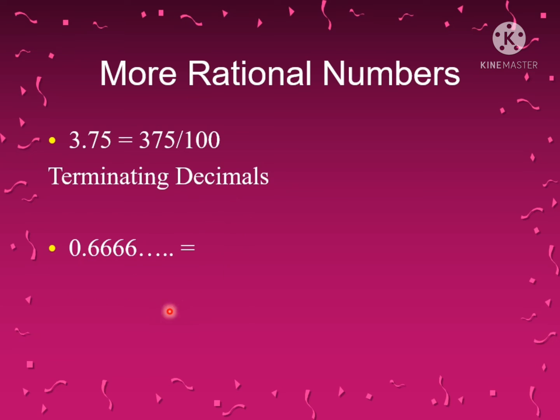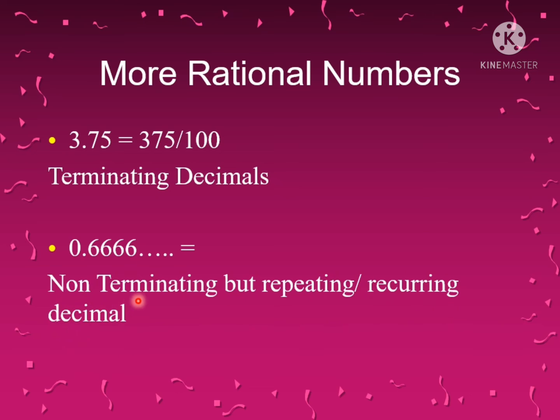Now suppose we have an example where digits are repeating, that is 0.66666 and so on. What type of numbers are these? These numbers are called non-terminating but repeating or recurring decimals. Non-terminating means after the decimal the digits do not end, it continues, but the digits are repeating again and again. The same digit 6 is repeating.